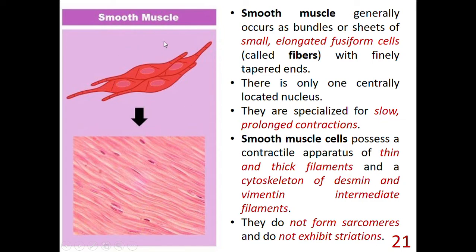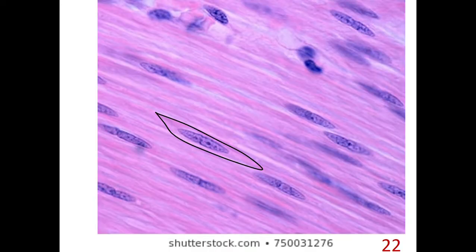These muscle fibers are specialized for slow, prolonged contractions. Smooth muscle cells have thin and thick filaments and also a cytoskeleton of desmin and vimentin intermediate filaments. And the most important thing for smooth muscle cells is that they don't form sarcomeres and they don't exhibit striations.